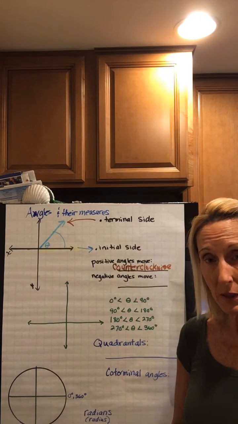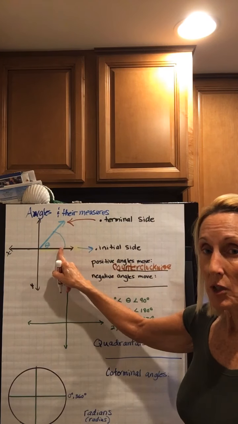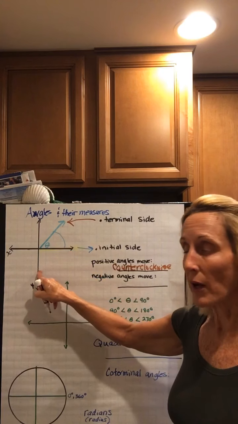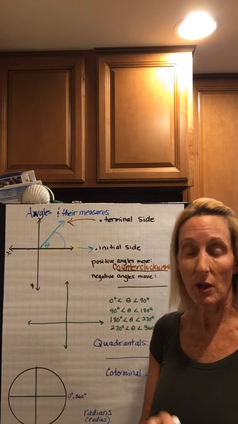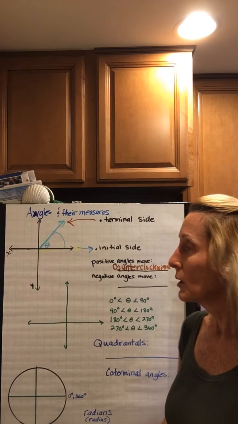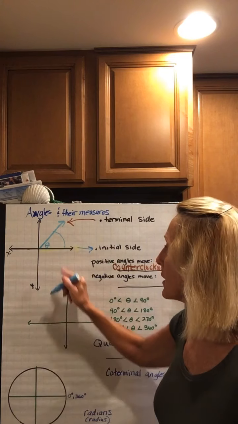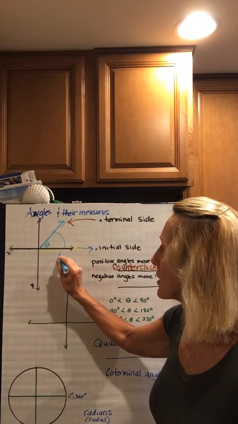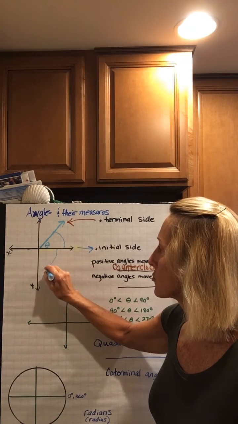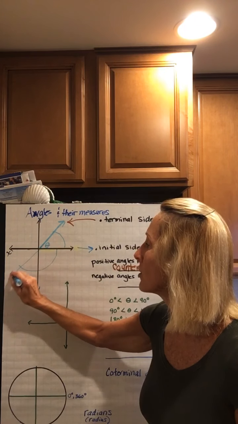Now I can make a negative angle. You still start on the x-axis, you just go clockwise. So let's say I'm going to build a negative 120 degree angle. I'm going to approximate, I don't know exactly where a 120 degree angle is, but I know that from here to here this is 90. So I'm just going to go in this direction. This is clockwise. I'm going to say it's about right here.